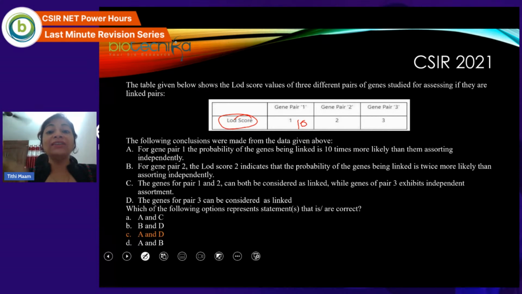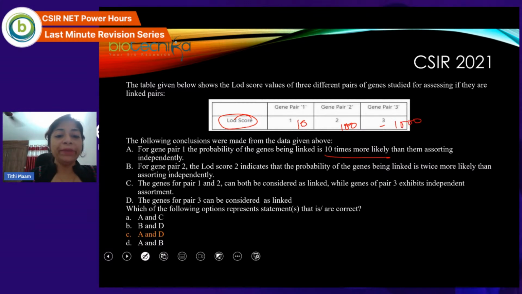That means the chance that you are getting the outcome by linkage is 10 times more likely than assorting independently. For gene pair 2 it will be 100, because log of 100 is equal to 2, and 3 will mean it is 1,000 times more likely.